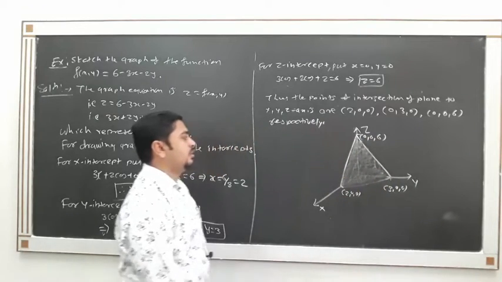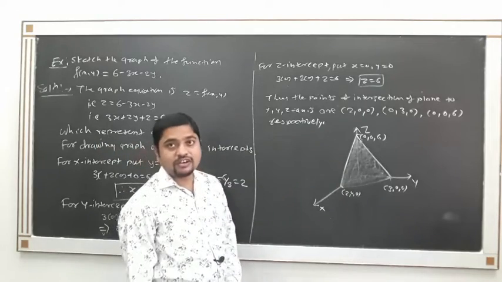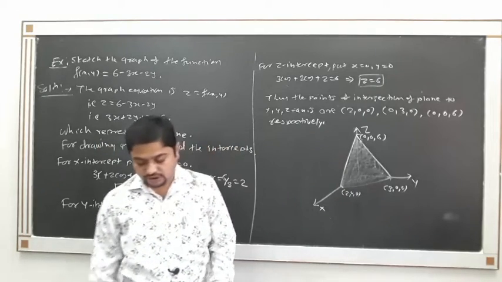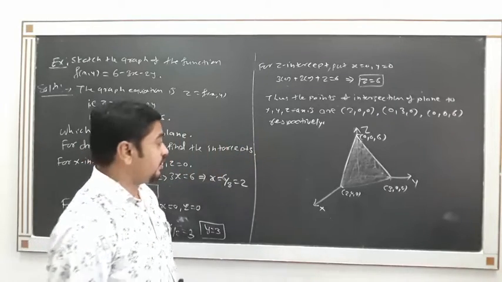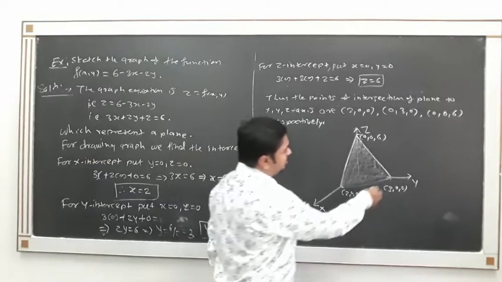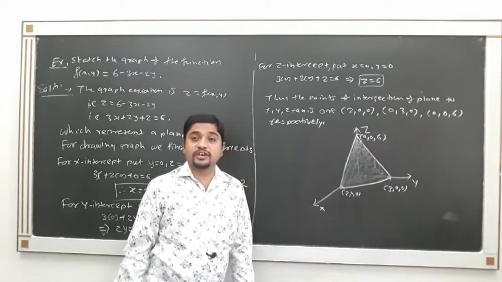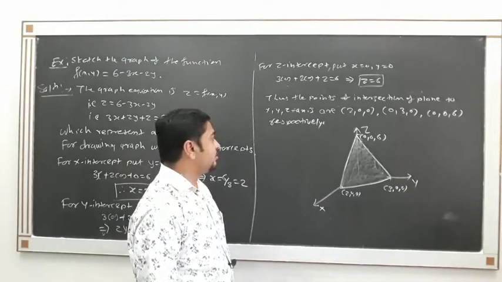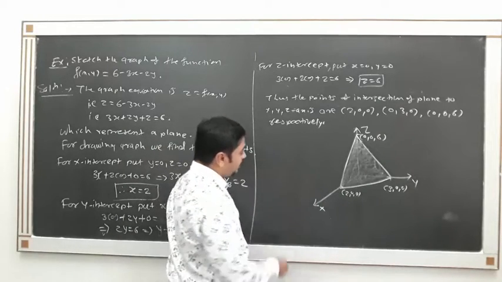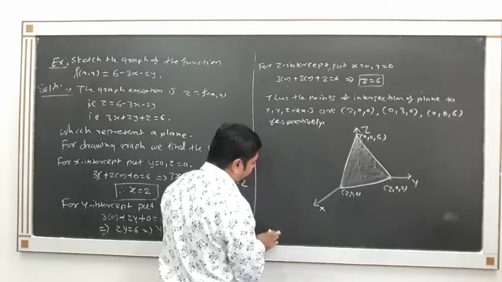Okay, in the first octant. You know that in the two-dimensional x and y plane, there is a first quadrant, second quadrant, third quadrant. Similarly here there are also first, second, third, fourth. So this plane lies in the first octant.